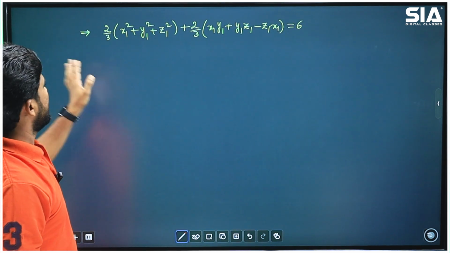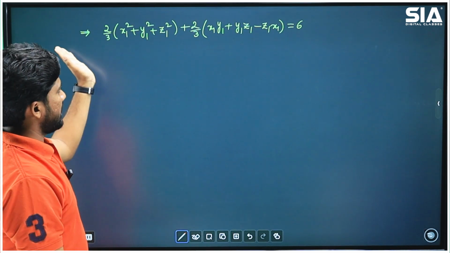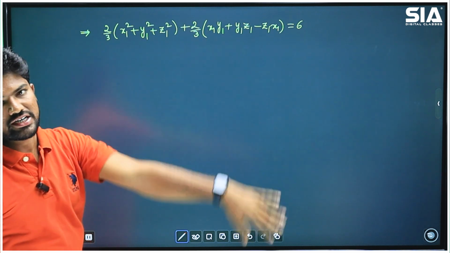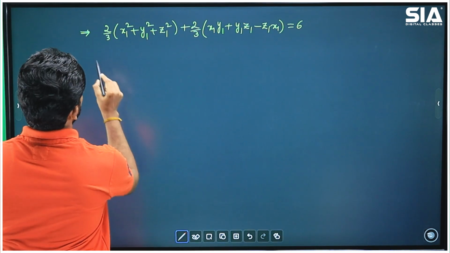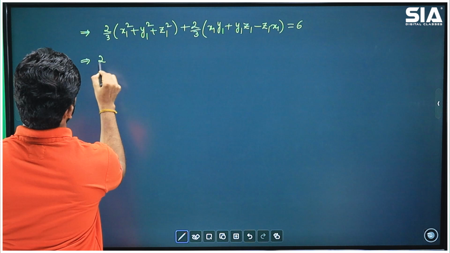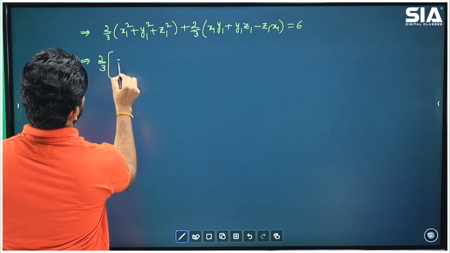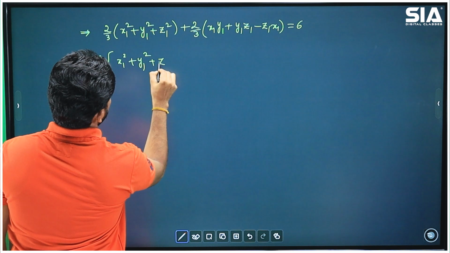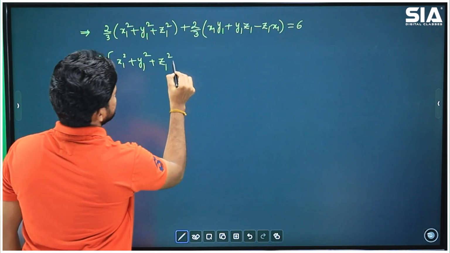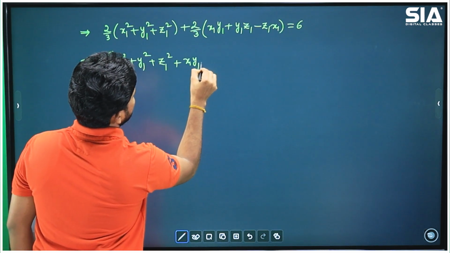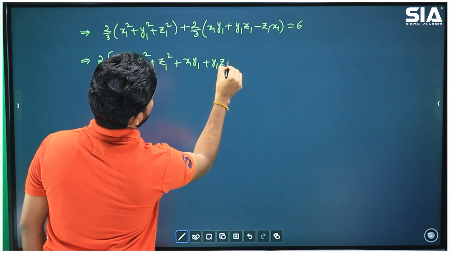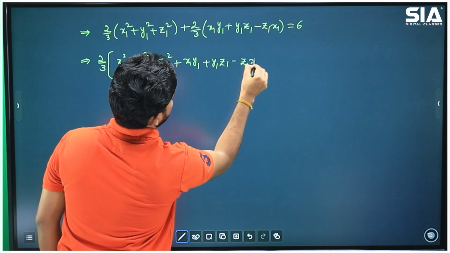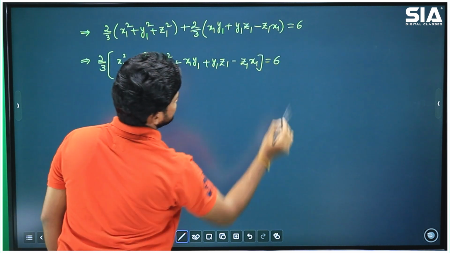Now take 2 by 3 common overall, so x1 squared plus y1 squared plus z1 squared, plus x1 y1 plus y1 z1 minus z1 x1 equal to 6.